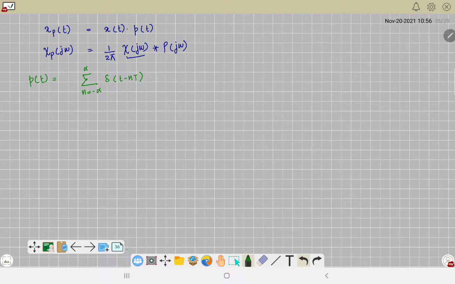Right? Now P of t is a periodic signal, so you can express it as Fourier series, and we can have a Fourier coefficient a of k calculated as 1 by T, integral from minus T by 2 to T by 2, p of t e raised to the power minus j k omega naught t.